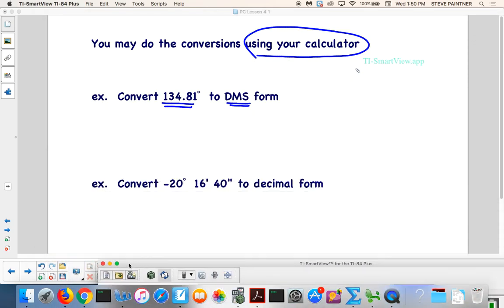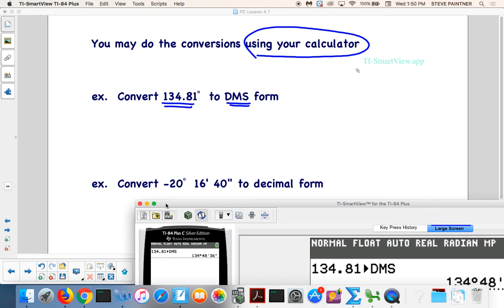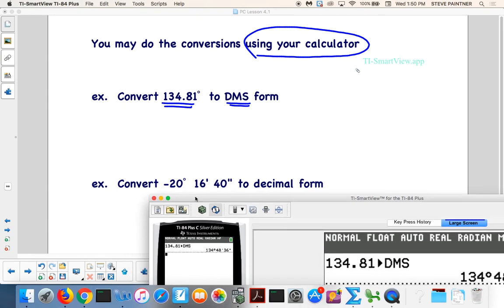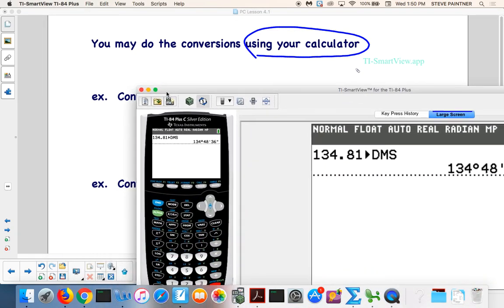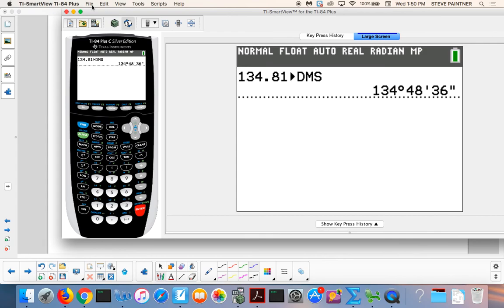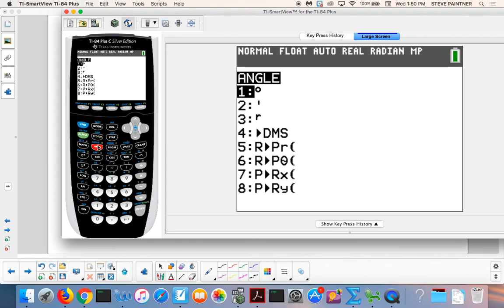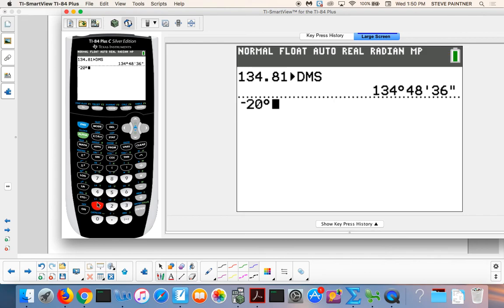The next one says, you turn your ship negative 20 degrees, 16 minutes, 40 seconds. How do we get that back to a decimal? Okay, here we go. Negative 20 degrees. How do I tell it degrees? Go back to second, angle. Number 1, degrees. How many minutes? 16.